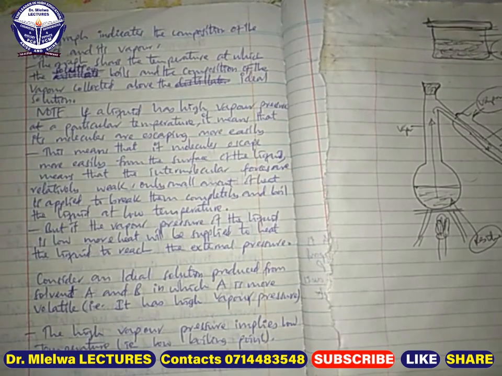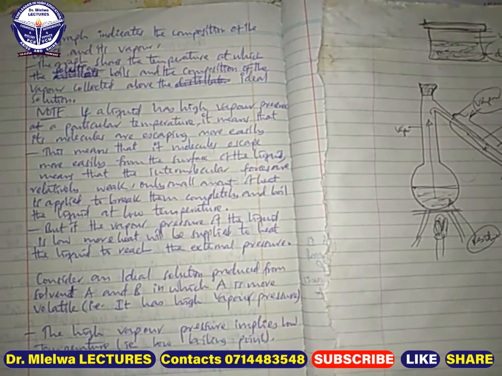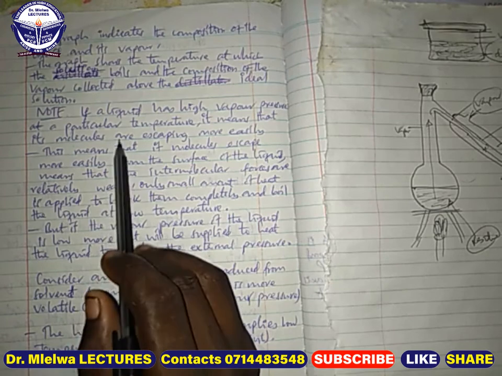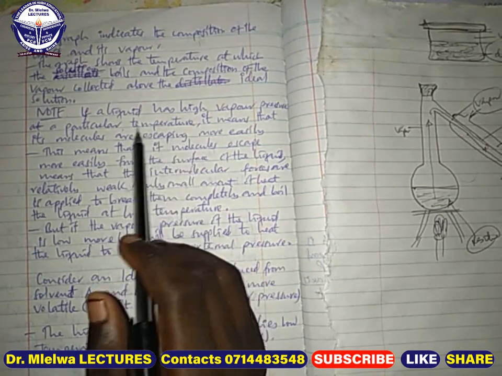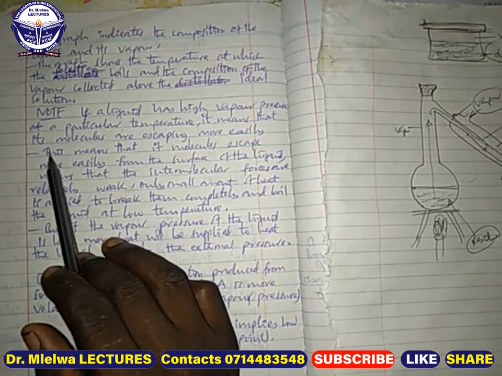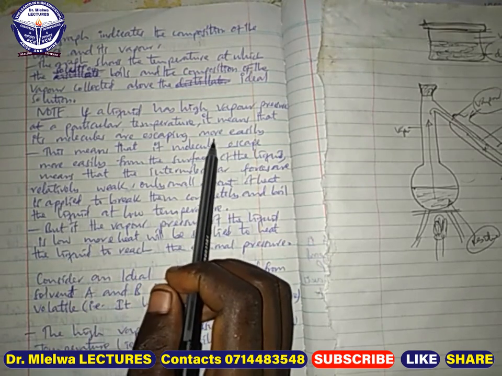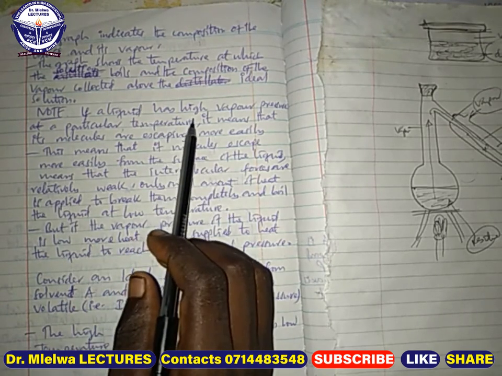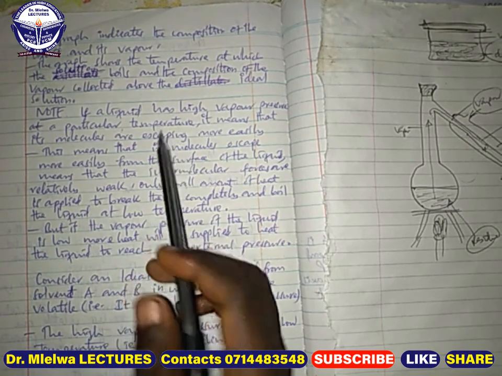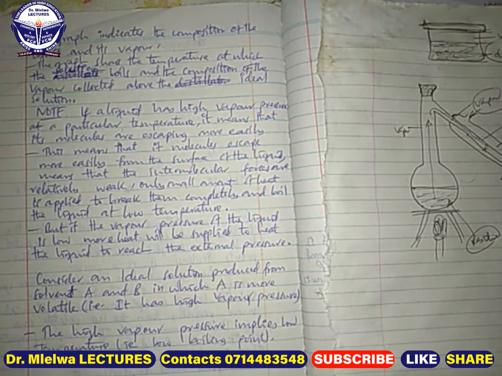So what we are saying is that the graph shows the temperature at which the solution boils and the composition of the vapor collected above the ideal solution. Note, if a liquid has a higher vapor pressure at a particular temperature, it means that its molecules are escaping more easily. That means the molecules escape faster. And vice versa, if a liquid has low vapor pressure, the molecules escape slowly.